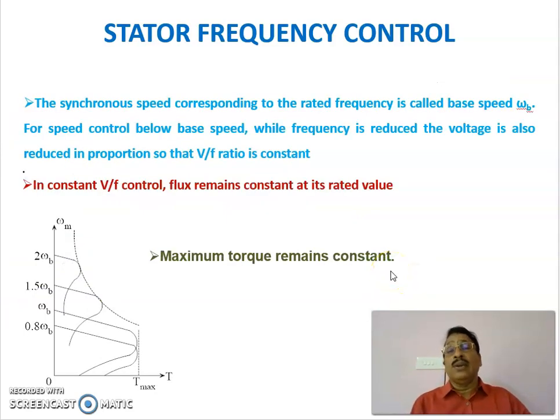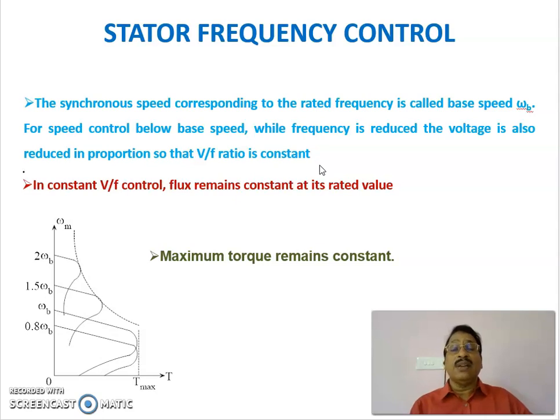Continuing stator frequency control, the synchronous speed corresponding to the rated frequency is called the base speed, that is omega b. For speed control below the base speed, while frequency is reduced, the voltage is also reduced in proportion, so that the V by F ratio is constant. That is the normal method.